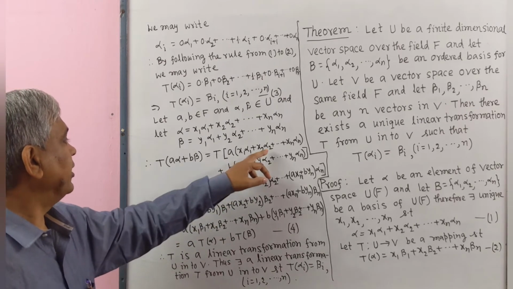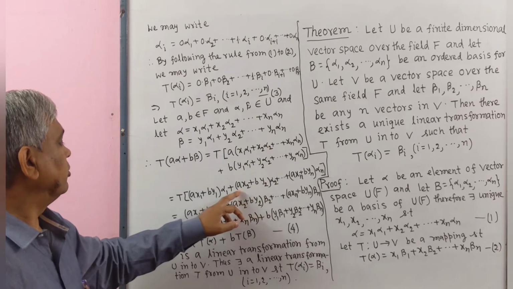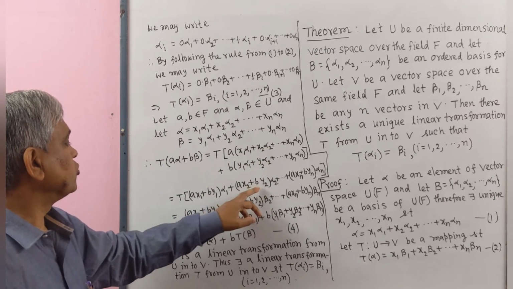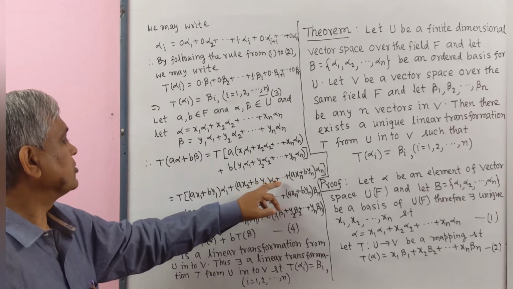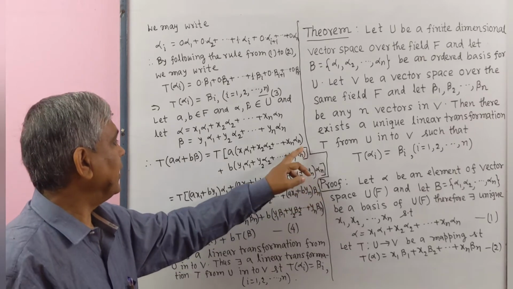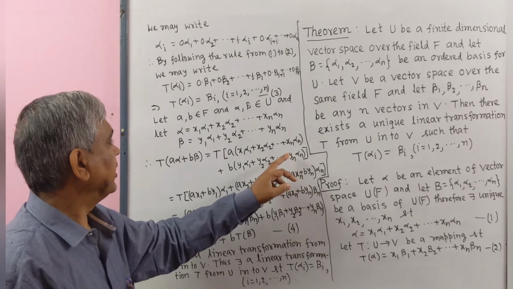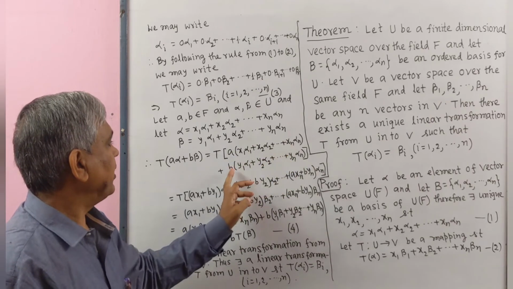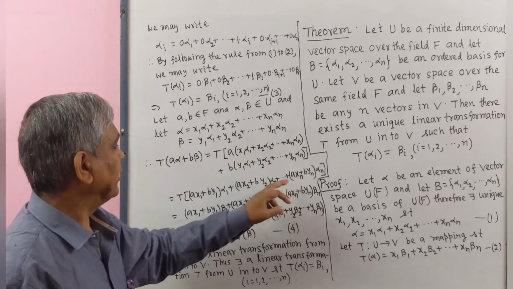Now we take common alpha 2, then we get under bracket a x2 plus b y2 plus ..., we take common alpha n, then we get a xn plus b yn under bracket.